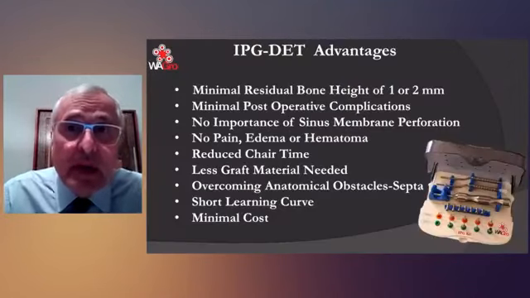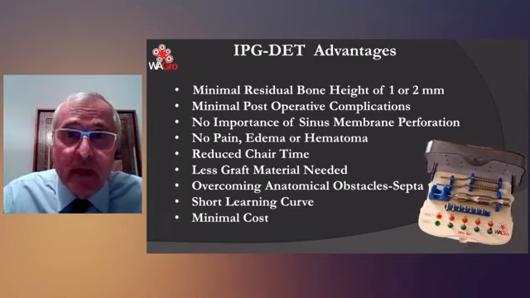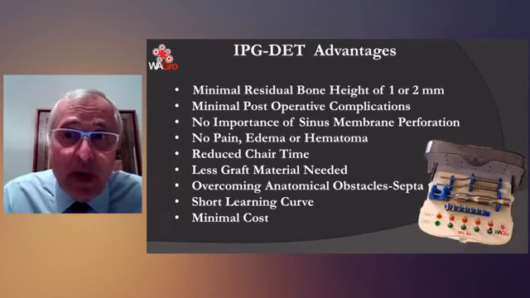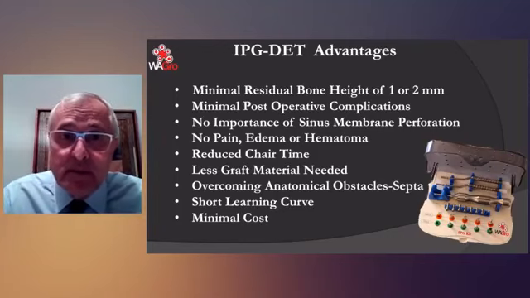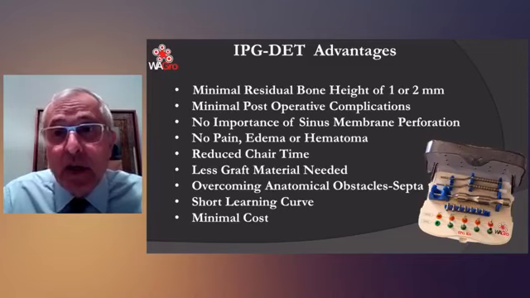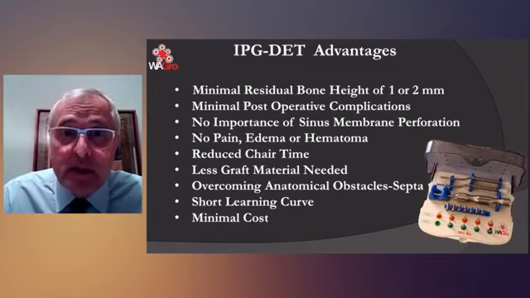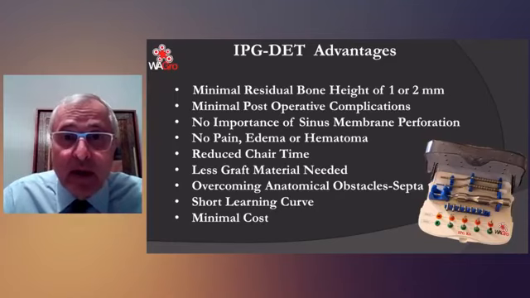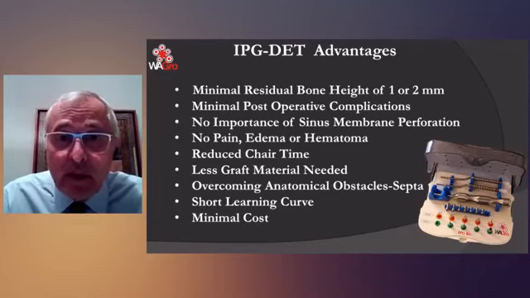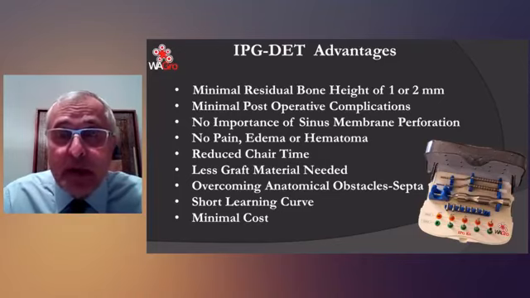So the IPG advantages are many. First of all, we don't care how much bone we have. Of course, it's better if you have 3 or 4 millimeters. But after someone takes experience, they can place implants also with 1 or 2 millimeters of bone, and we have minimal post-op complications. No importance of the sinus membrane perforation.